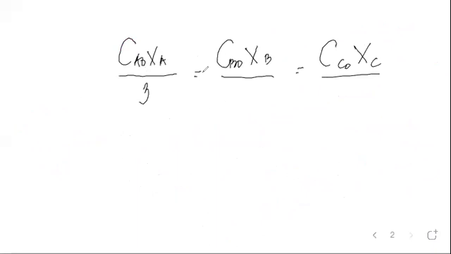So this is 3, this is 2, this is 4. How do you interpret this? The amount reacted by A divided by 3 is equal to the amount reacted by B divided by 2, which is equal to the amount of C produced divided by 4. To add to this, you have the relationship from a while ago.